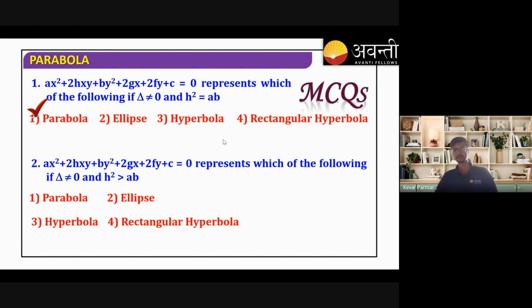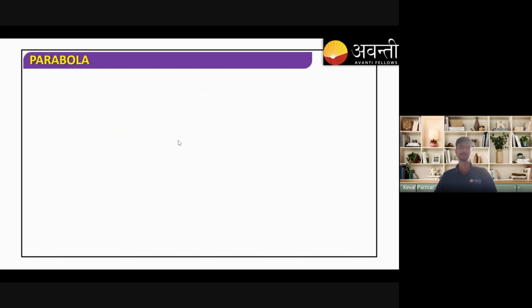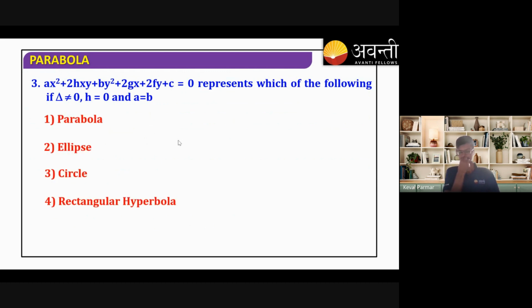What is this? Second one. H square greater than AB. Superb. It is a hyperbola, right? What is this? Come on. It's interesting. Nice.